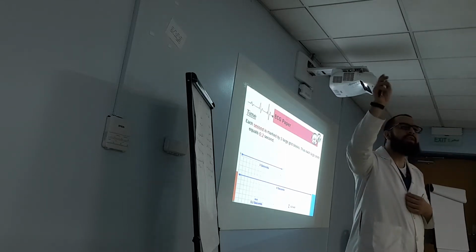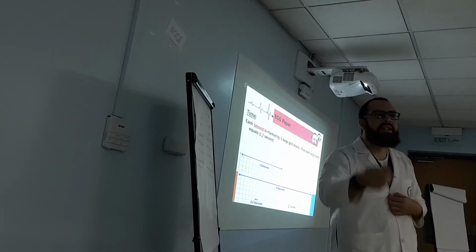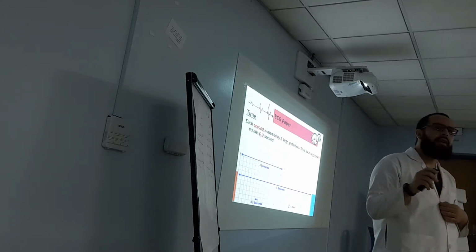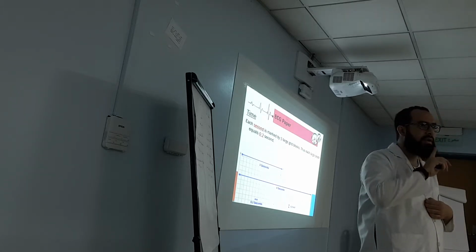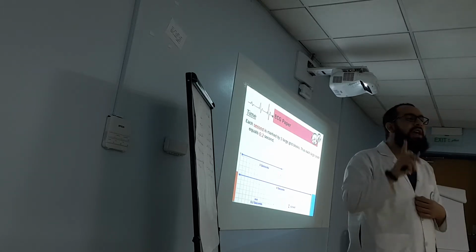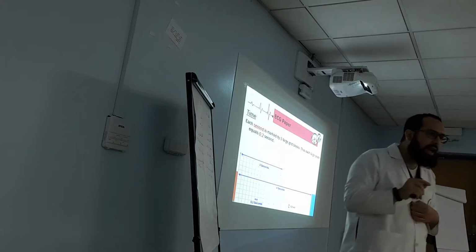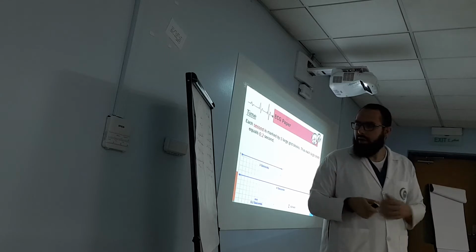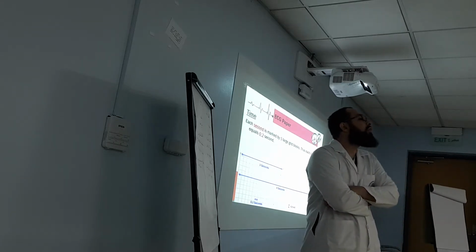How many large squares in 60 seconds? Each second is 5 large squares. Now multiply by 60. Use your phone.